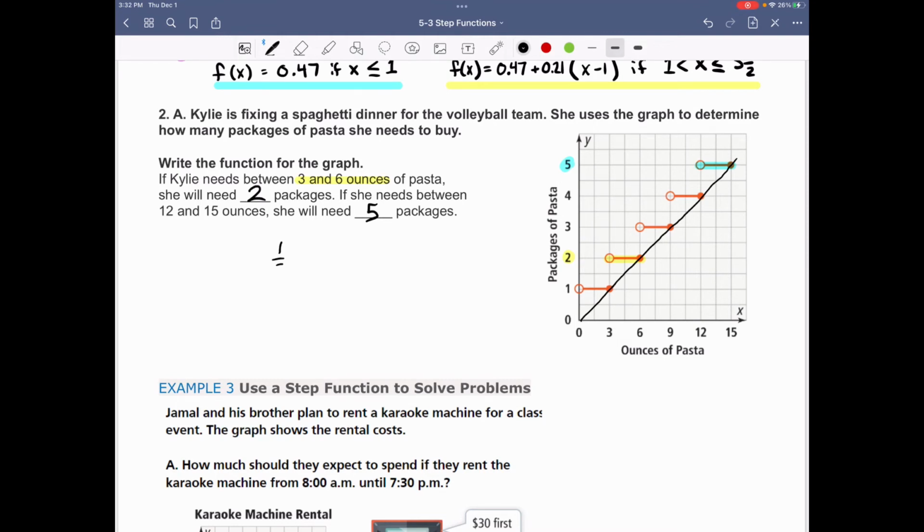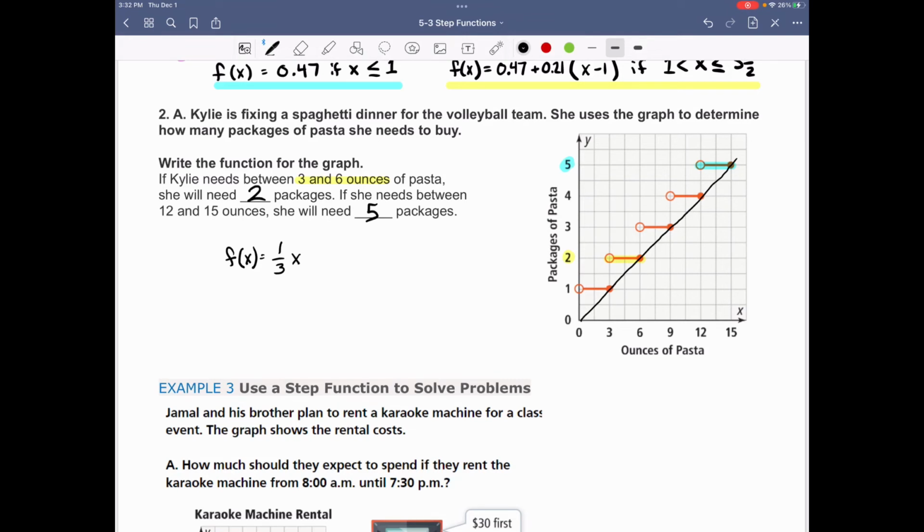So let's see if this works. 1/3 x. If you needed 12, that would only be 4, right? So that doesn't really work. No, actually it does work. But it would be a ceiling function of this. So f of x equals 1/3, but we want to use our ceiling function.